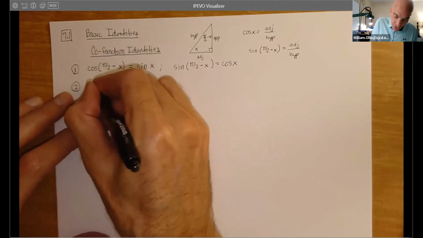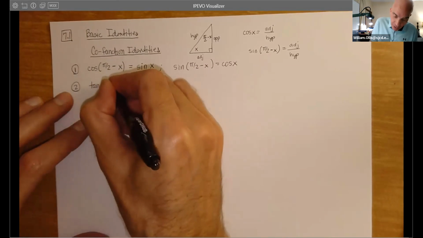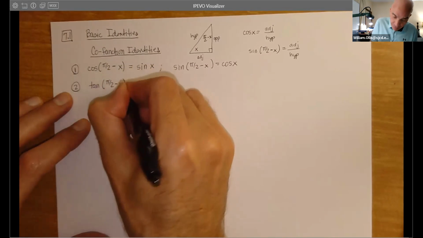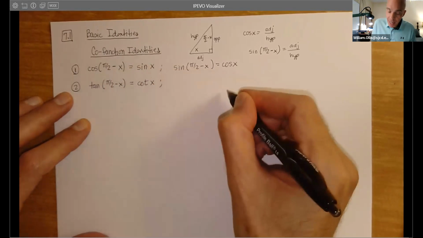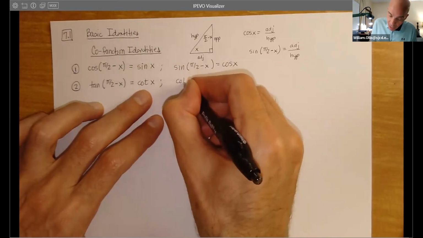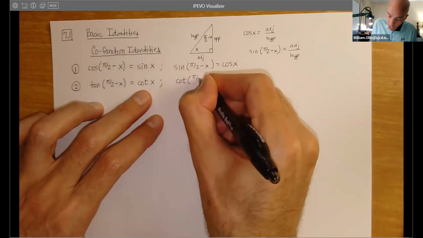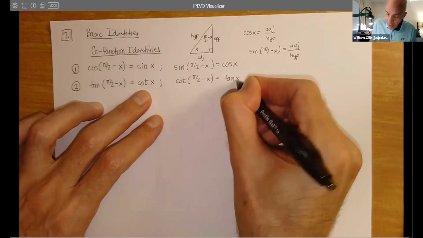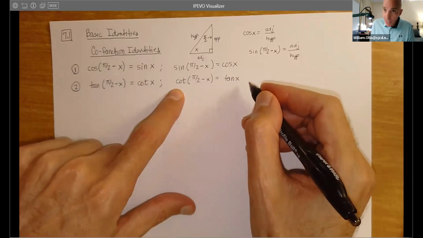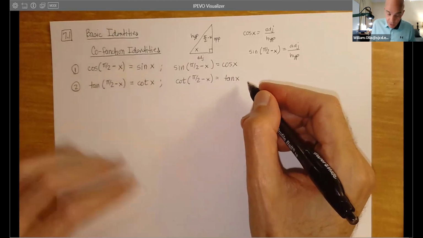Let's start with tangent. Tangent of pi over 2 minus x equals cotangent of x. The verification is the same. And then cotangent of pi over 2 minus x equals tangent of x. Tangent, cotangent, cofunctions.